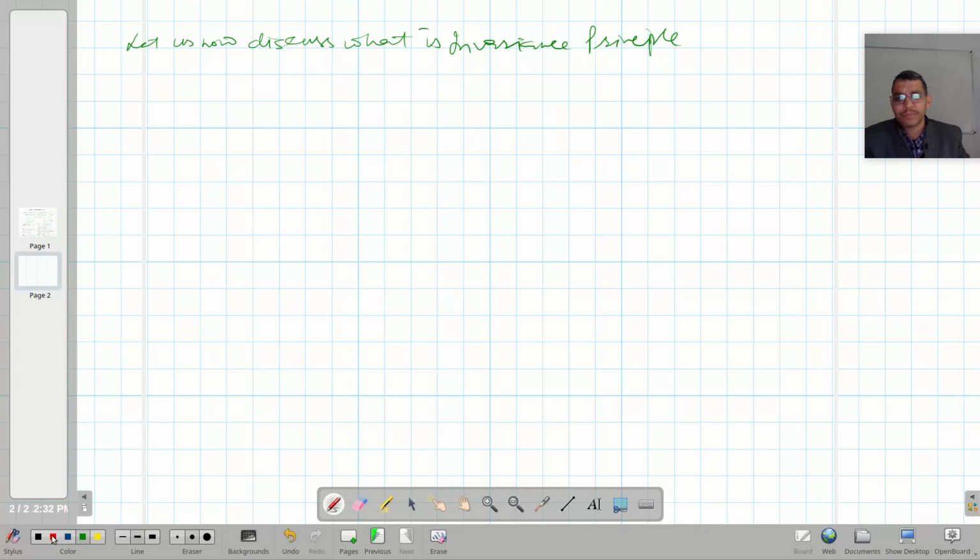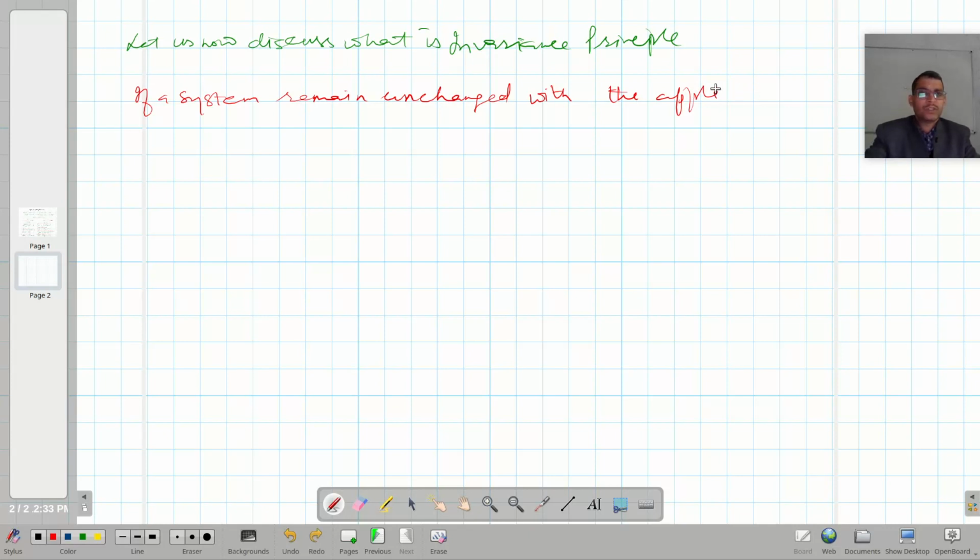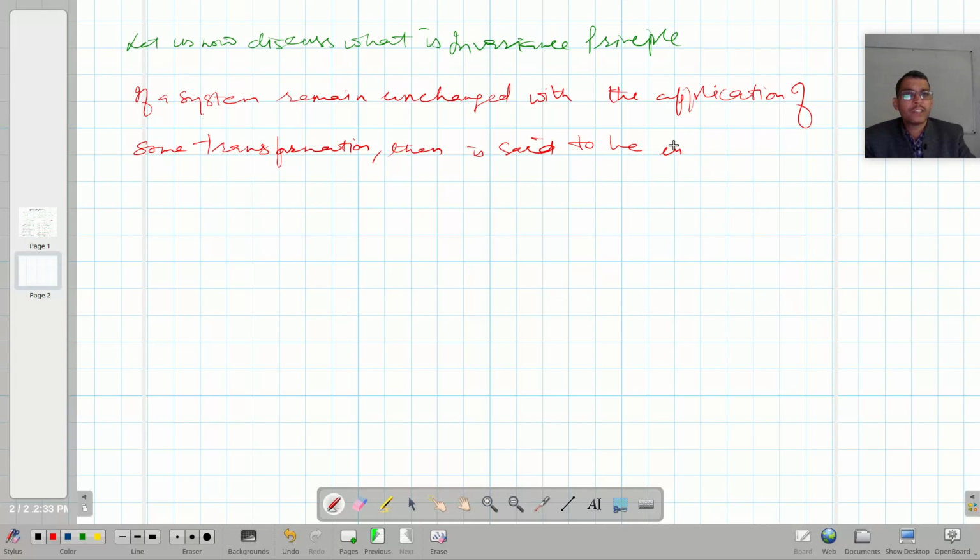So if a system remains unchanged with the application of some transformation, then it is said to be invariant under that transformation.